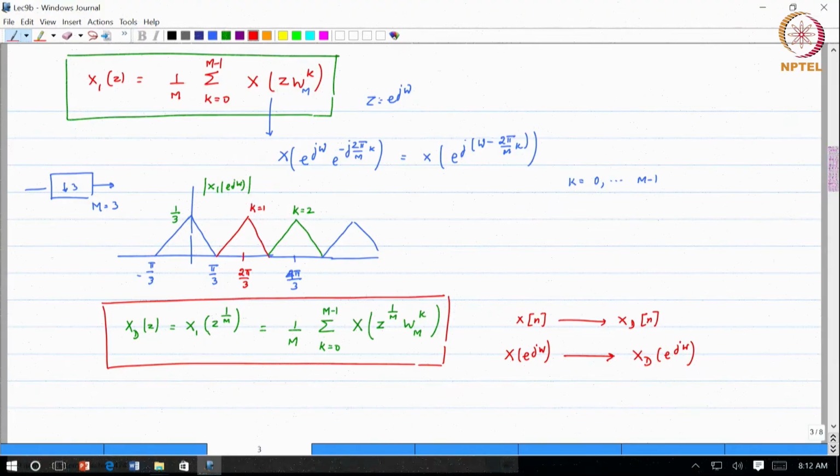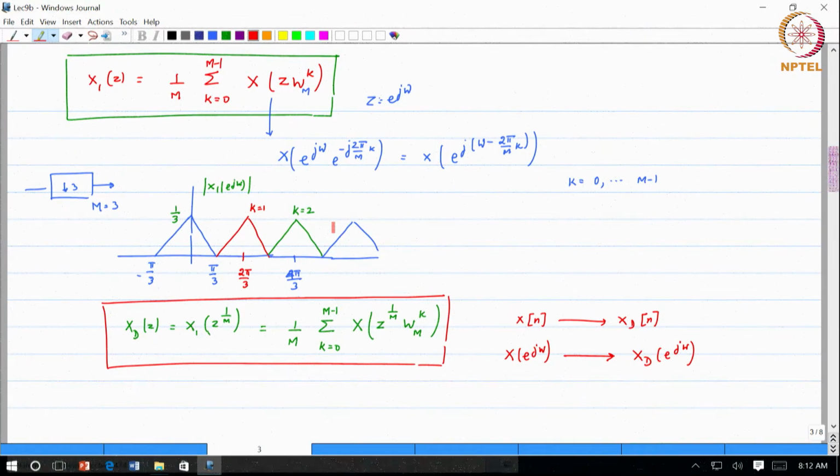But what we have shown is that if you define an intermediate signal x1 of z, then it is very easy for us to construct what x1 of e^(j omega) looks like. x1 of e^(j omega) is the original signal with shifted copies at multiples of 2 pi over m, easy to construct.